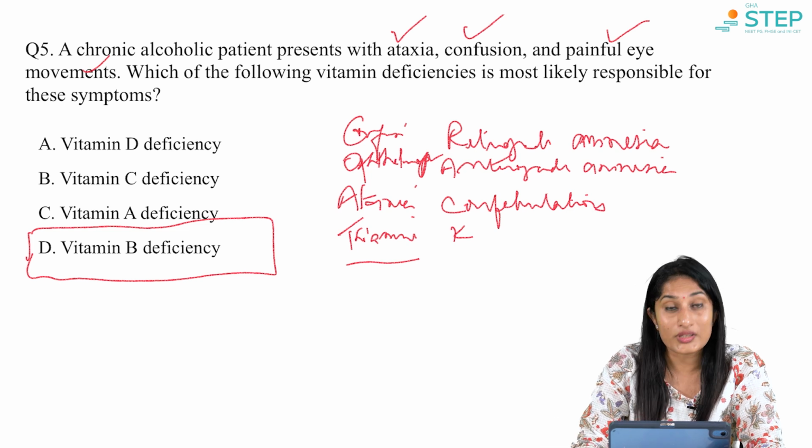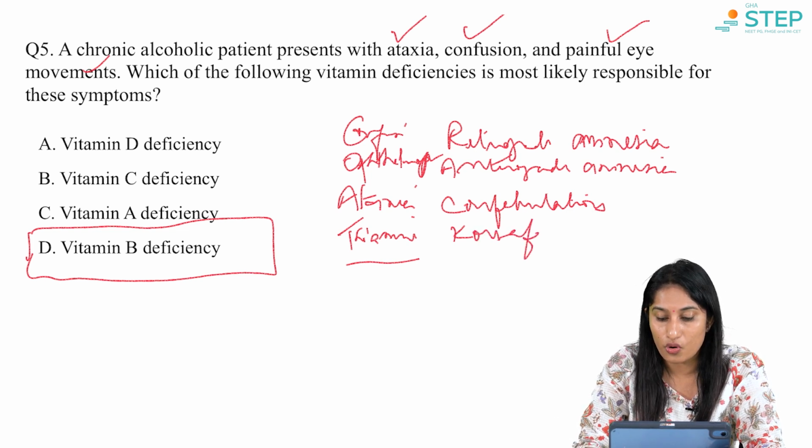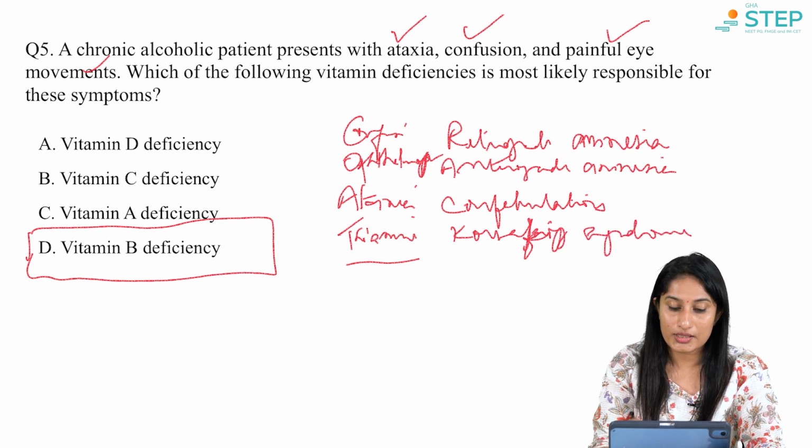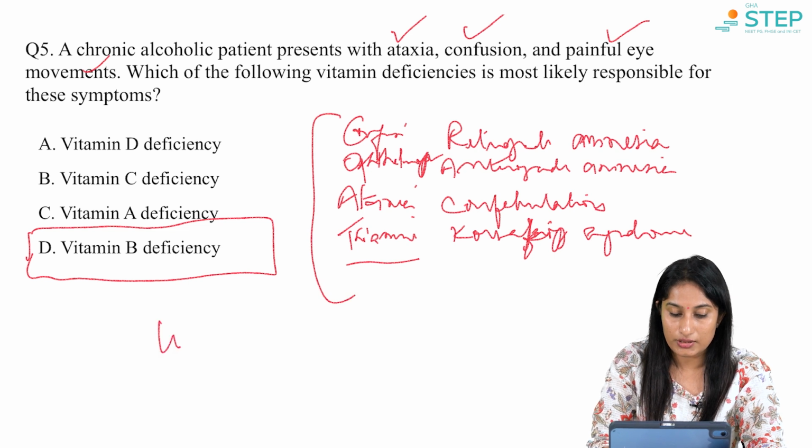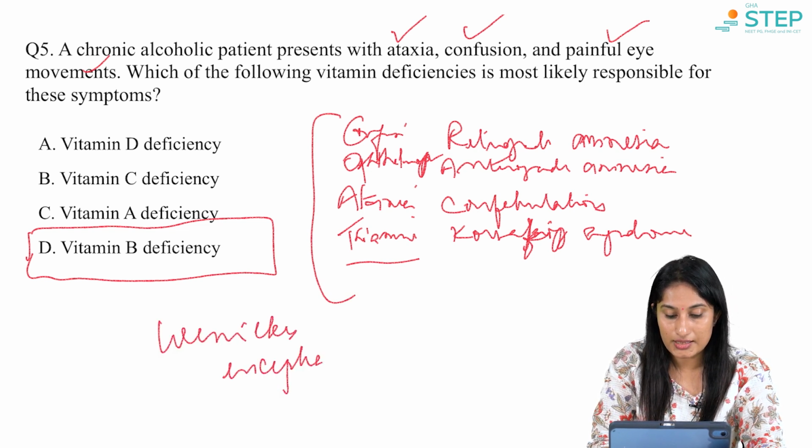Okay, so what is K? K is the name of this disorder. We call it Korsakoff syndrome. So, what is this? This particular scenario would be called Wernicke's encephalopathy.